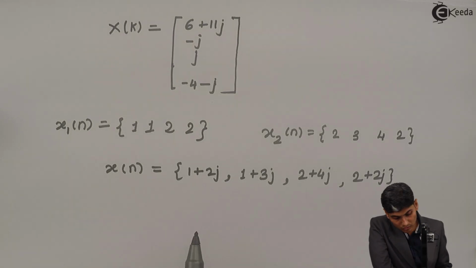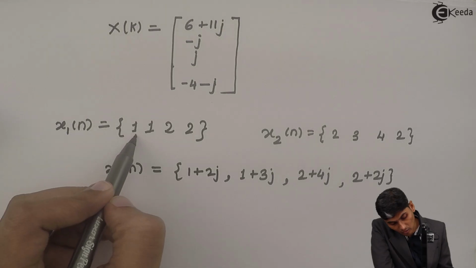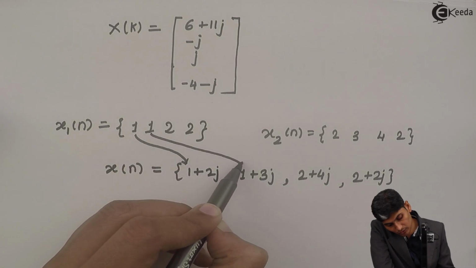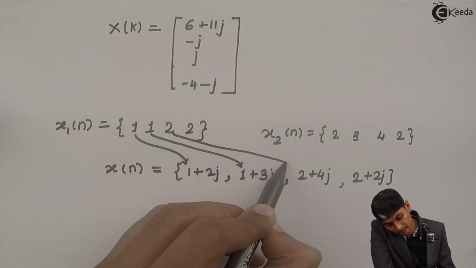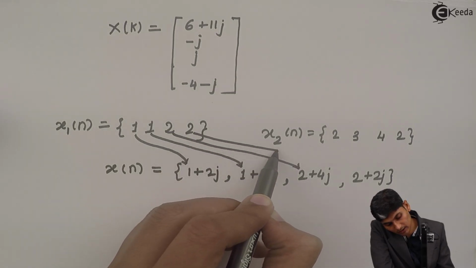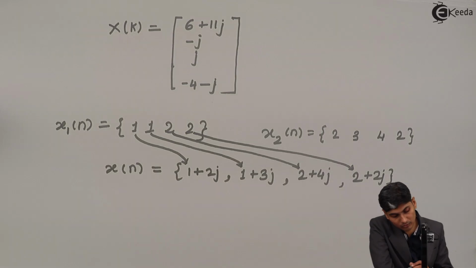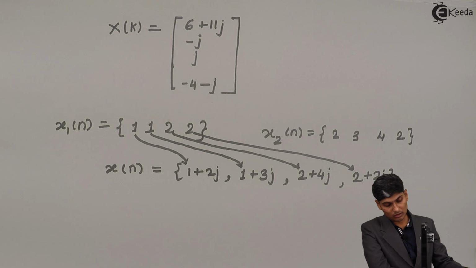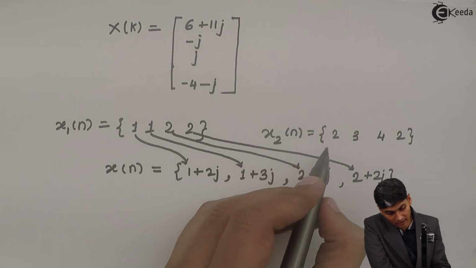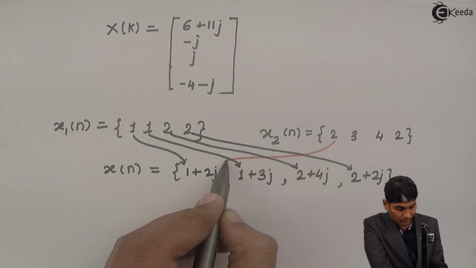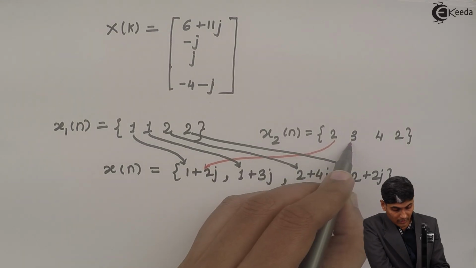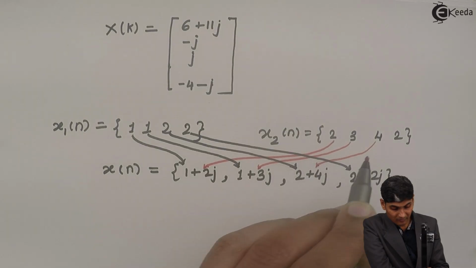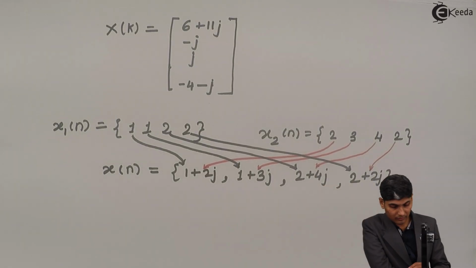Now looking closely, we can find that all the real values in x of n correspond to x1 of n. Can you see? All the real values of x1 of n belong to x of n, and all the imaginary values belong to x2 of n.